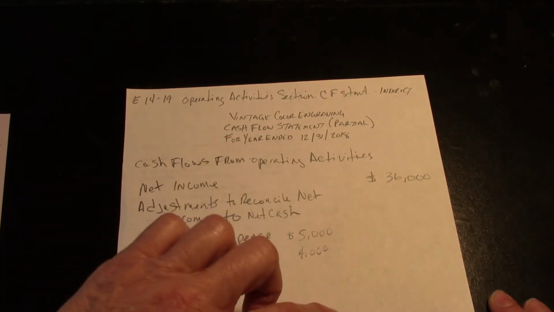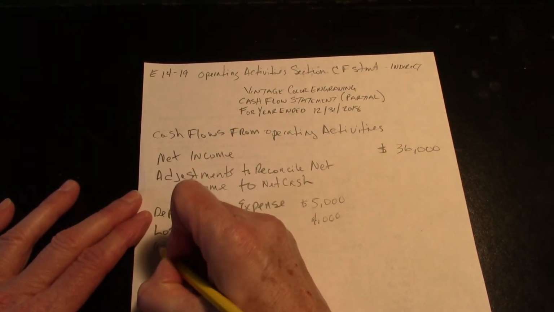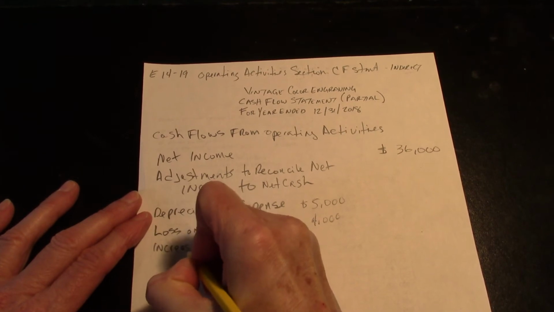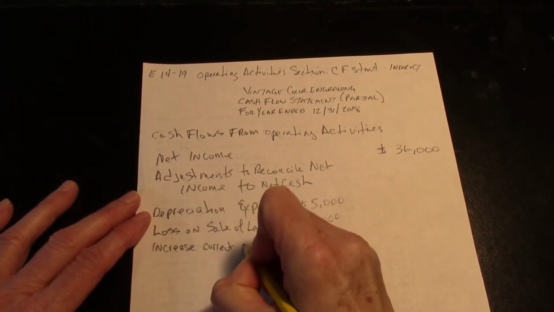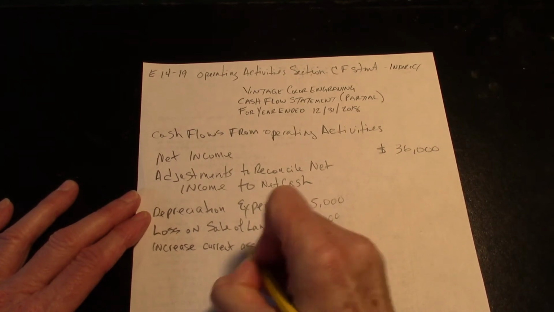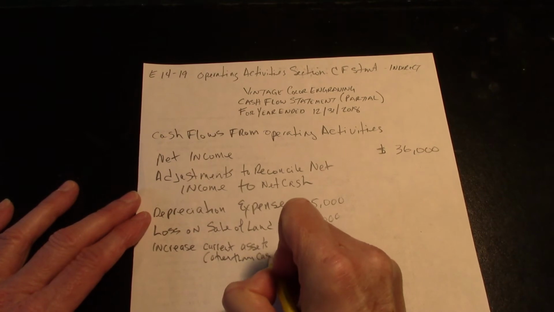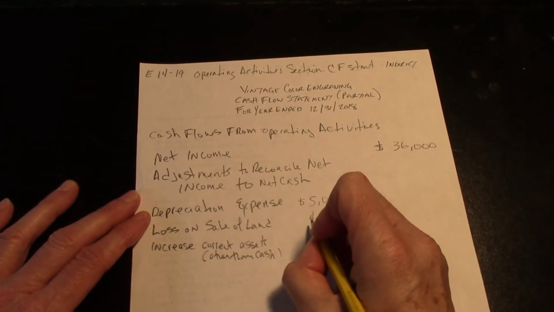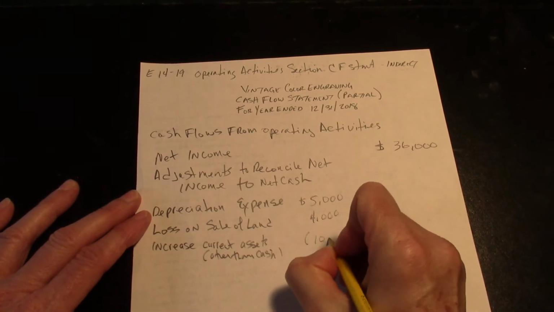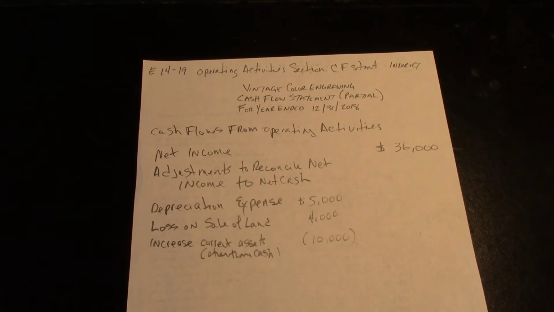All right, so when assets increase, that's a subtract. So increase in current assets other than cash. So you don't put cash on this. All right, so because they increased, you're going to subtract them. So I'm putting brackets there to show that they subtract.